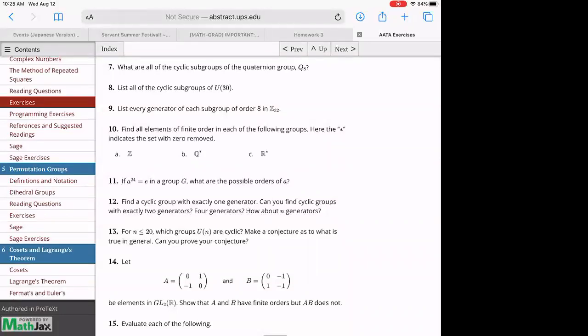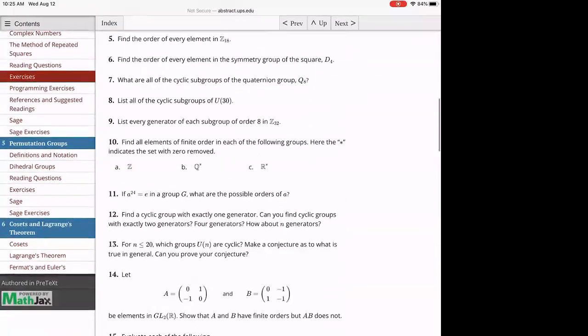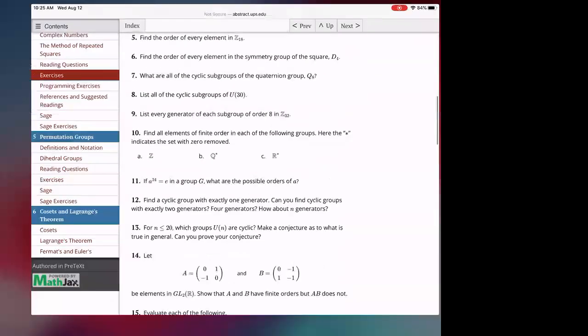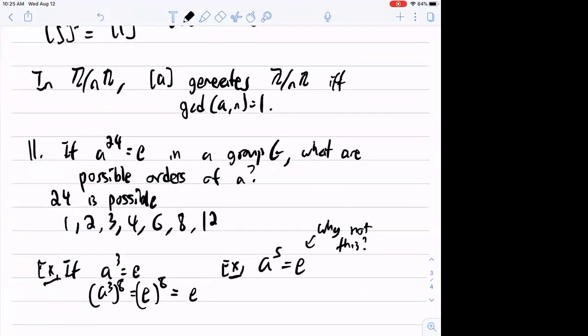so here G need not be cyclic, right? I don't think they're assuming that. Yeah, they're not really assuming G is cyclic.